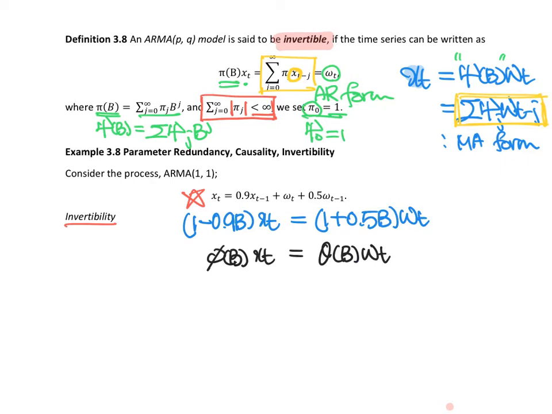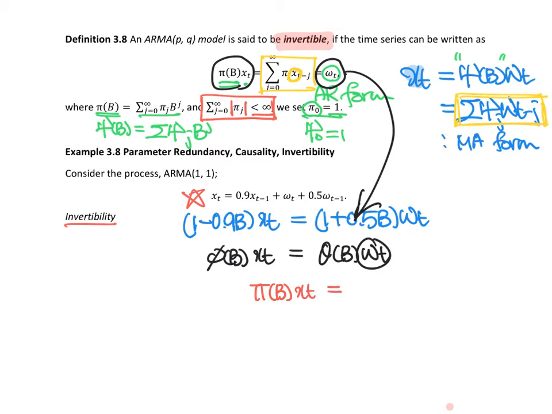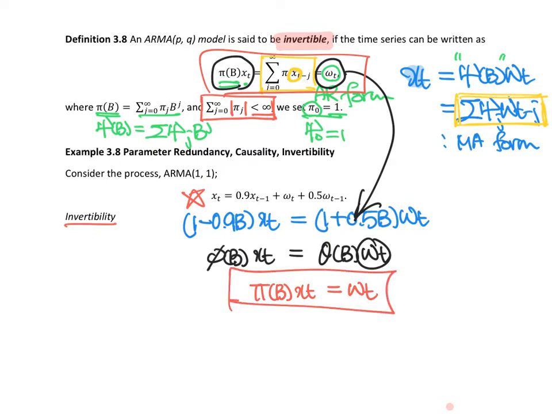So now we are going to apply pi B Xt is Wt into here. So now it will be phi B Xt is equal to theta B pi B Xt.